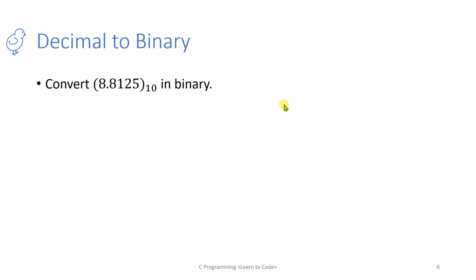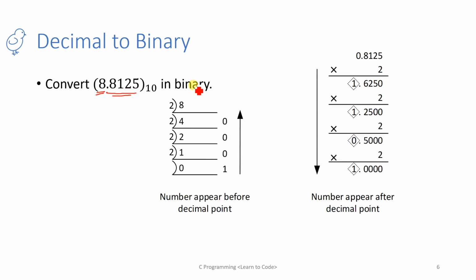Now let us take a bigger number. So here I am taking two different numbers, 8.8125, means I have combined both the numbers. So this part will be calculated separately, and the numbers which are present after the decimal point will be calculated separately. Now let us see how it is calculated. We already know this.